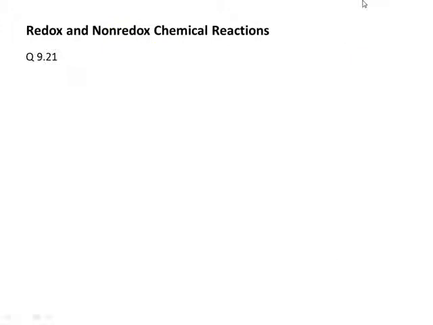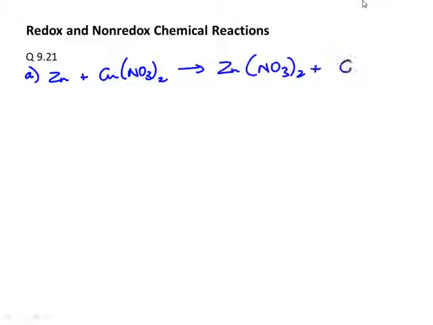Okay, let's look at 21. Classify the following reactions as being redox and non-redox, and also classify them as being combination, displacement, exchange, or combustion. Zinc plus copper(II) nitrate makes zinc nitrate plus copper.